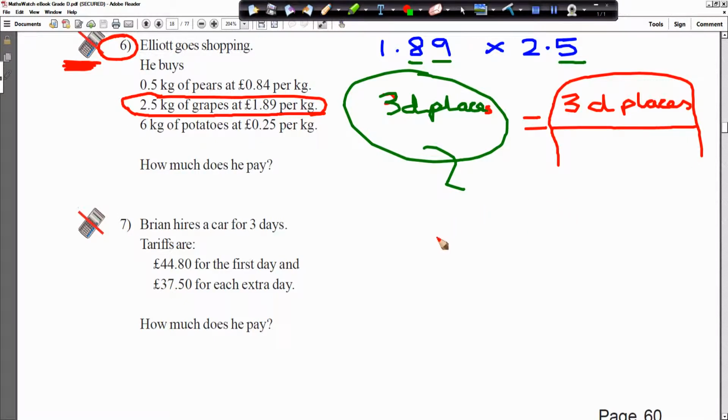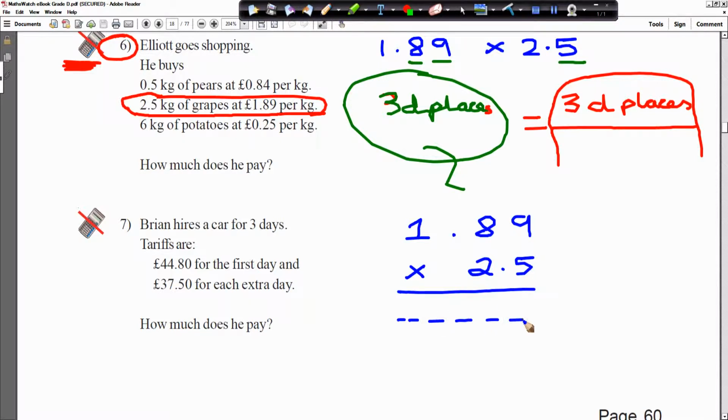So now we're going to do the question: 1.89 times 2.5. Okay, this is how we set up our question.